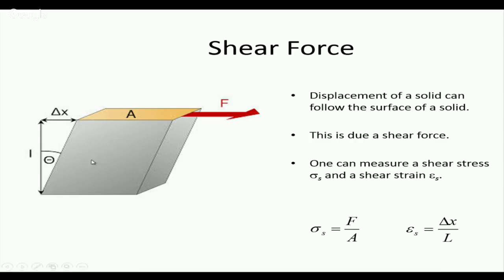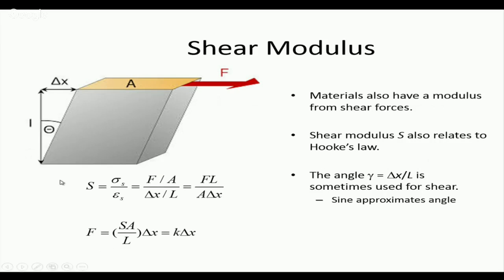This angle, delta x divided by the original length L, will give you the shearing strain.